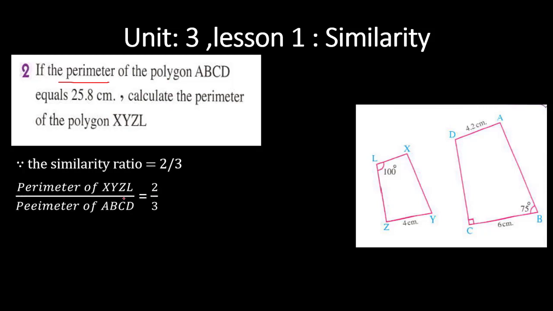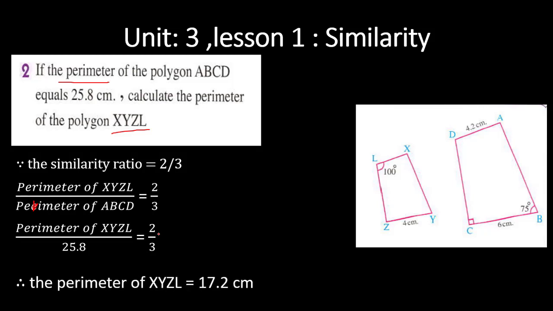So the perimeter of XYZL, which is unknown, over the perimeter of ABCD, which is 25.8 given, equals 2 over 3. So I can get the perimeter of XYZL, which is 17.2, also centimeters.